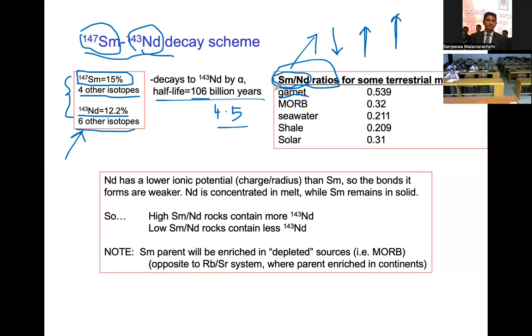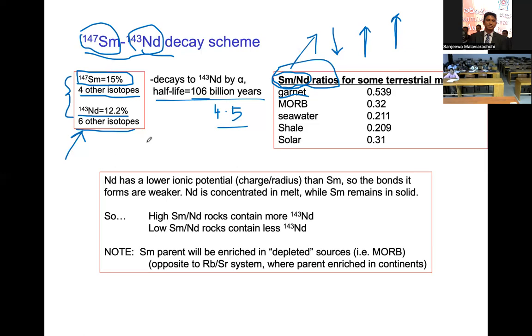aspects, garnet is a good grain for the samarium neodymium system, because they contain fairly large amounts of both samarium and neodymium, right? I think you can remember we discussed in advanced igneous petrology the partition coefficients, right?